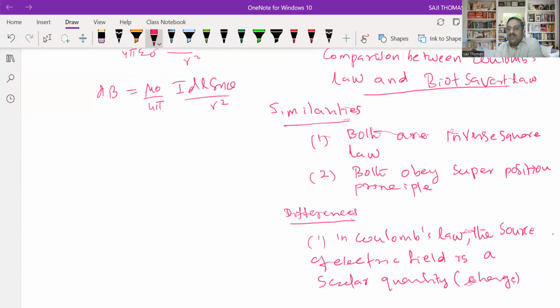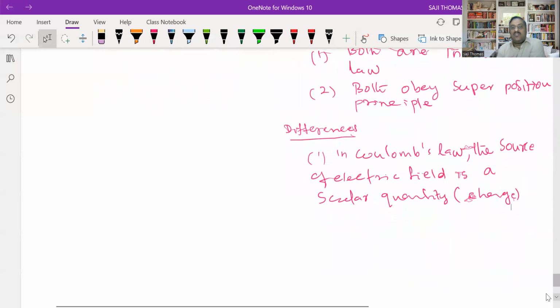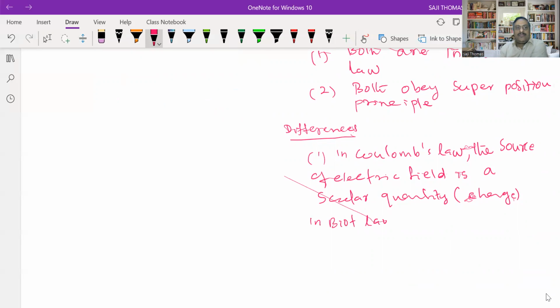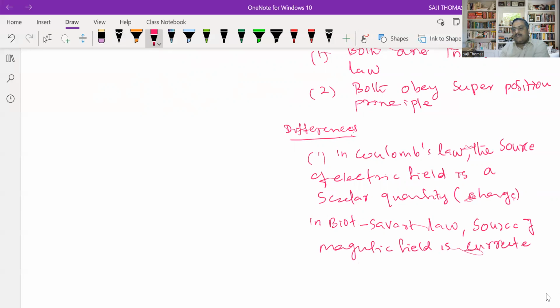But in Biot-Savart law, the source of magnetic field is a moving current, we can say a current element, which is a vector quantity.